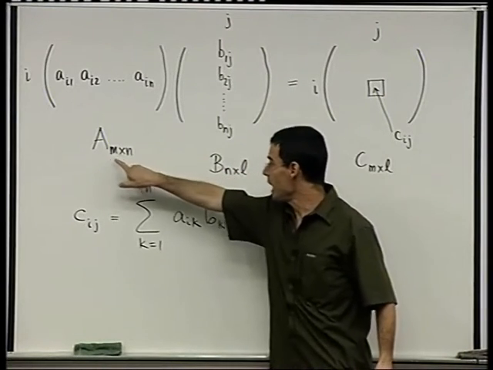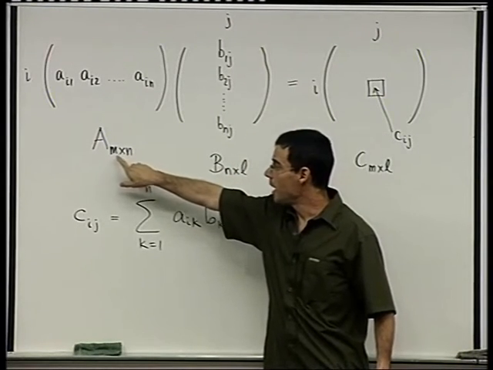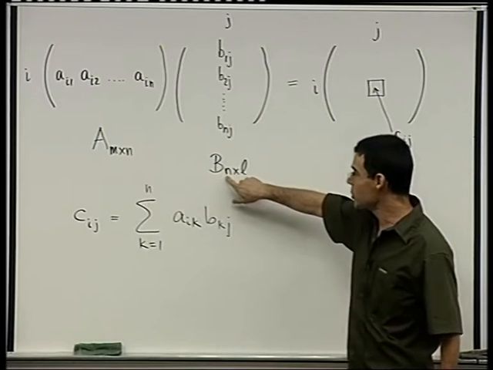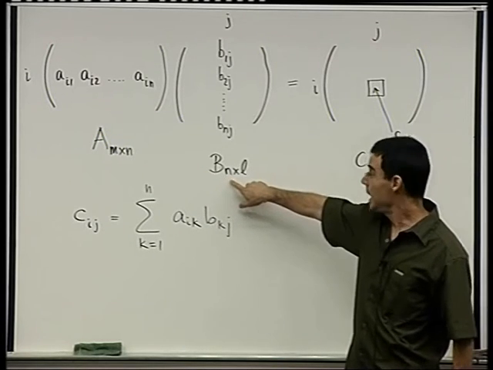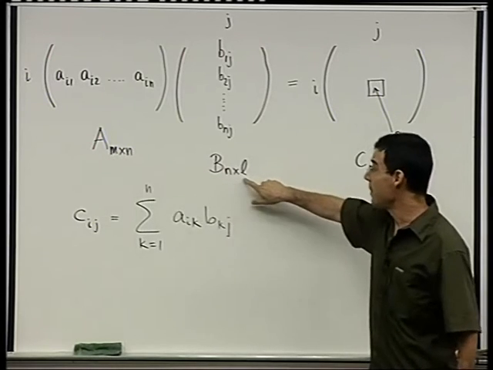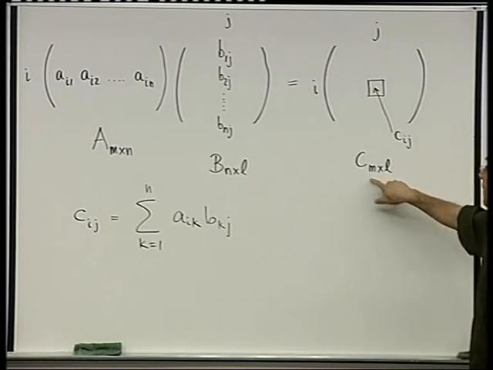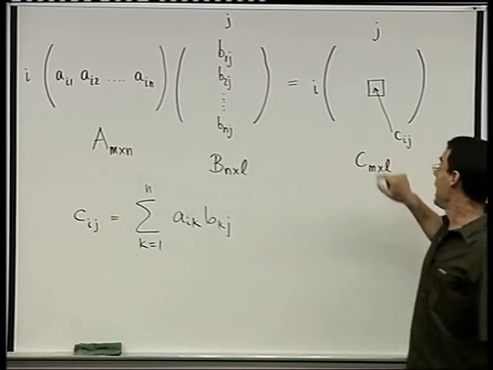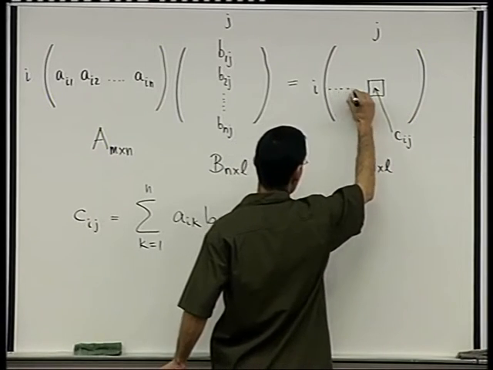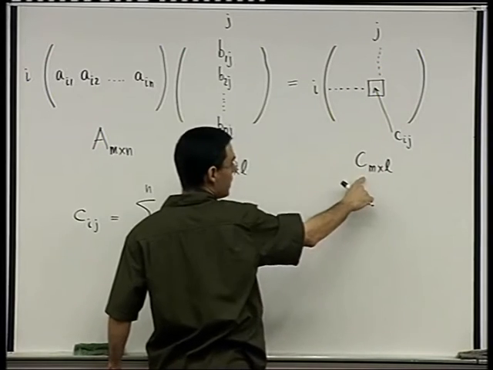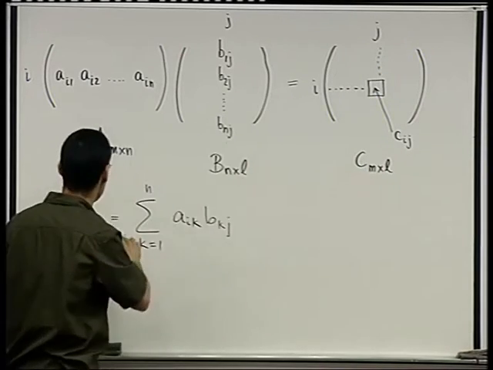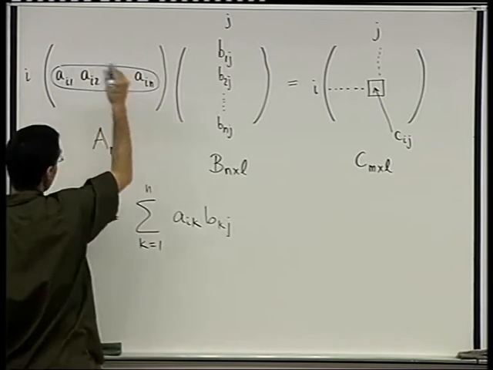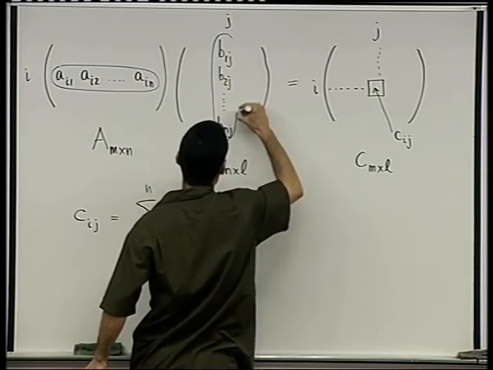We have two matrices, A and B. The column index of A, meaning the number of columns of A, has to match the number of rows in B. And so this is m by n, and this is n by L. And then the product is going to be m by L, the number of rows in A and the number of columns in B. The ijth element, the ijth entry in the matrix C in the product is obtained by multiplying the ith row of A times the jth column of B.